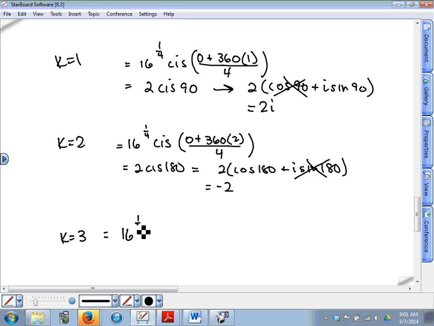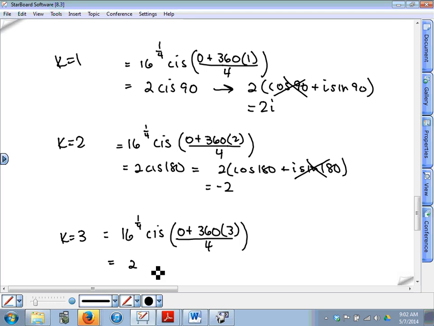Now for the k equals 3 case, we're almost done with this one. Would k equals 4 be the same as k equals 0? Starts to repeat itself because of the circular nature of trig functions. So, whoa, man, 360 times 3. It's 1080. 1080 divided by 4 is 270.